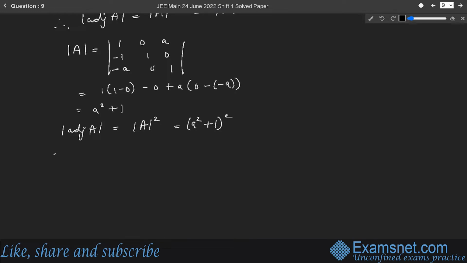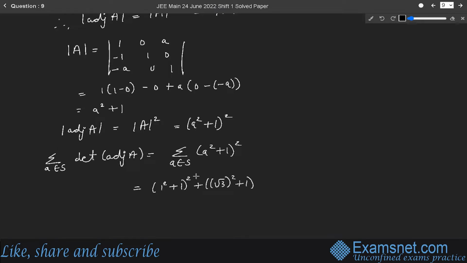Now we have to calculate the summation over A belonging to S of determinant of adjoint A. So this will be equal to the summation over A belonging to S of (A square plus 1) whole square. On putting the values here, it will be (1 square plus 1) whole square plus (root 3 square plus 1) whole square plus (root 5 square plus 1) whole square plus so on up to (root 49 square plus 1) whole square.